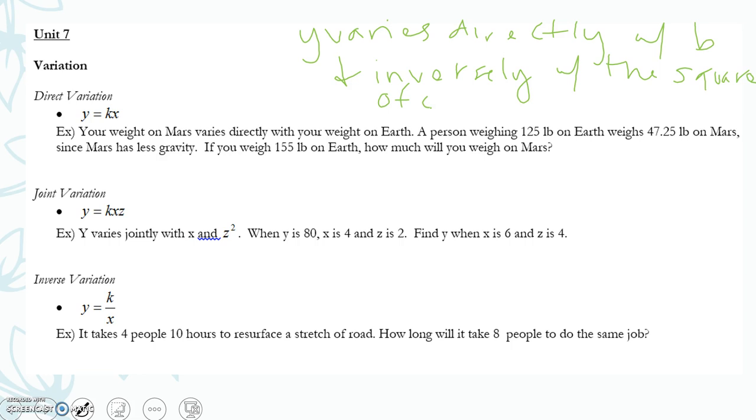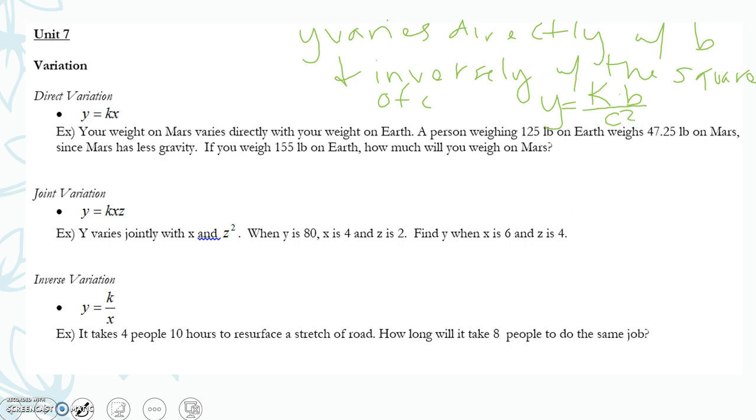So the first variable it mentions is what it equals. So y equals, it says it varies directly, so you have a k, and then varies directly means times the b, and that says and inversely, so you would divide it by the square of c, so c squared. That's the kind of answer I'm looking for.